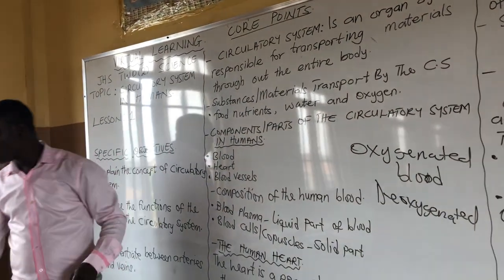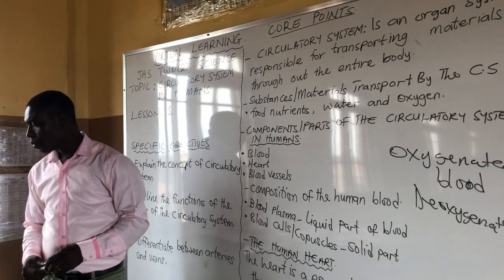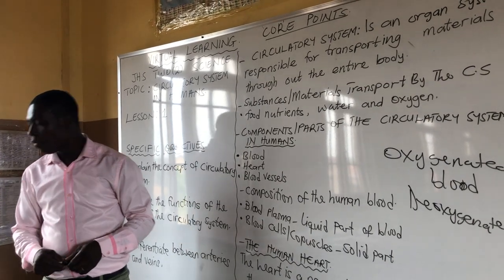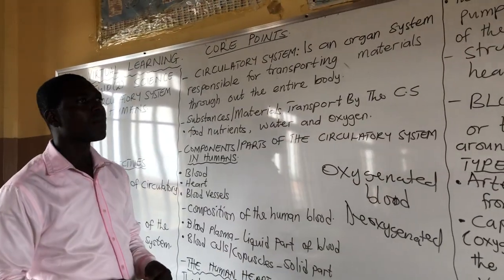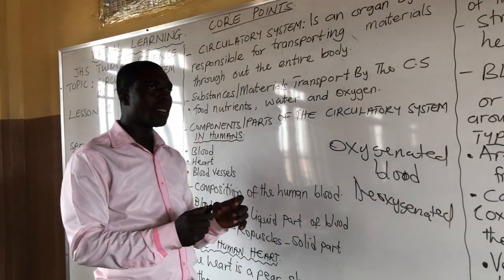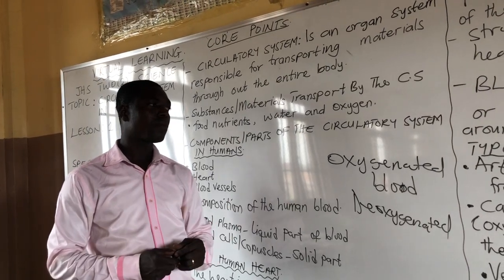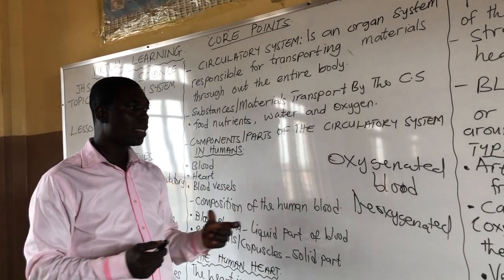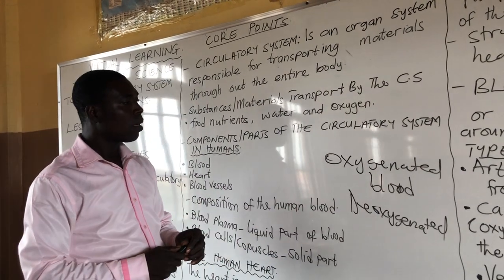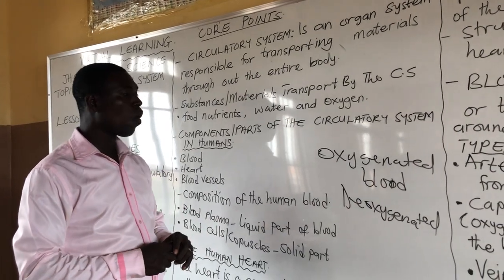Let's look at another difference between arteries and veins. You can see that the arteries do not have valves. The valves are the parts which prevent the backflow of blood.